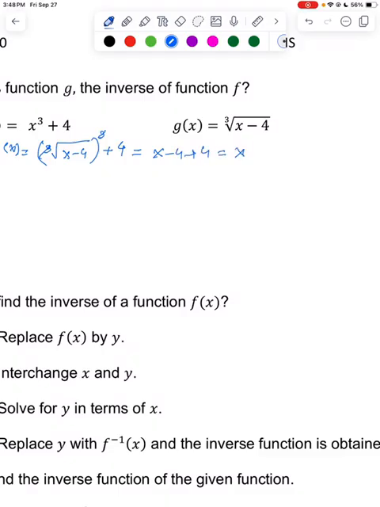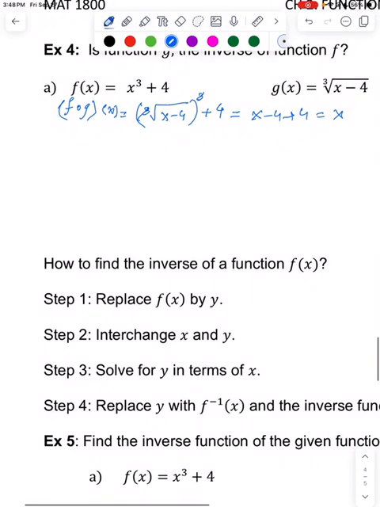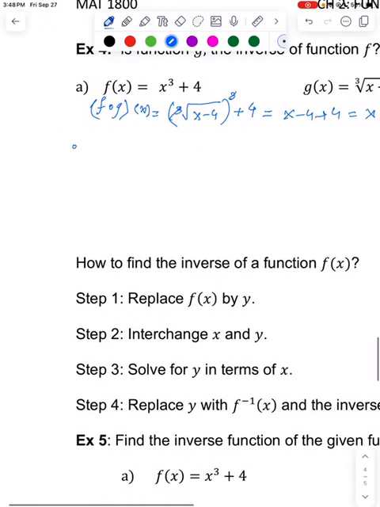Now going the other way, g composed with f, g of f of x. Now we are going to place the f function in the g function. So we get cube root of x cubed plus 4, minus 4.